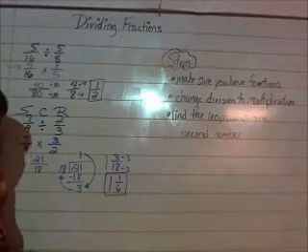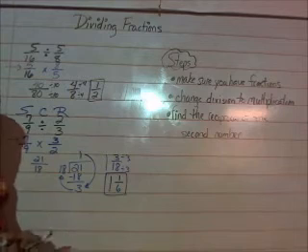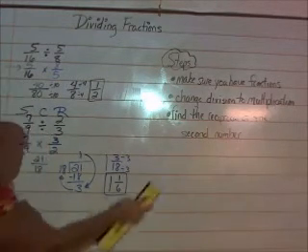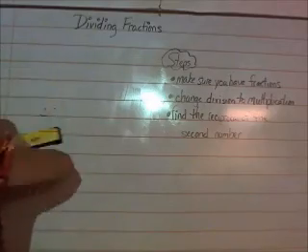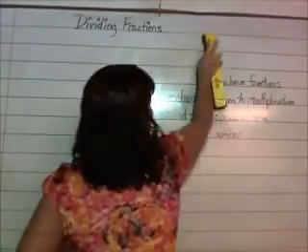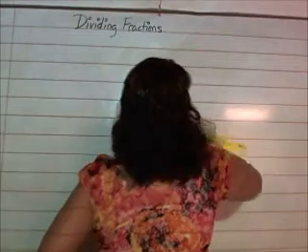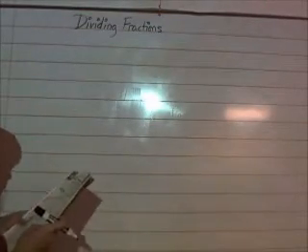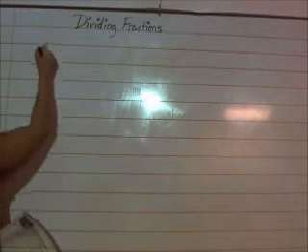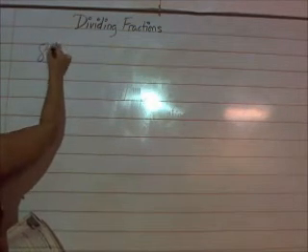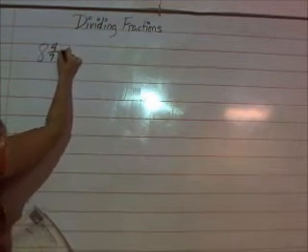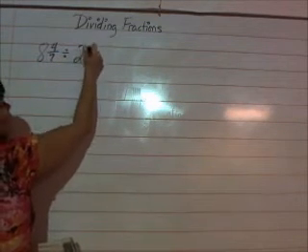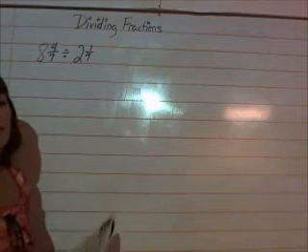All right, let's try a couple more examples. This time, let's throw in some mixed numbers. See how you do. All right, let's try this one. How about 8 and 4/7 divided by 2 and 1/7?